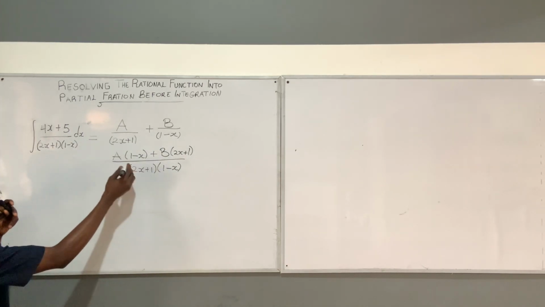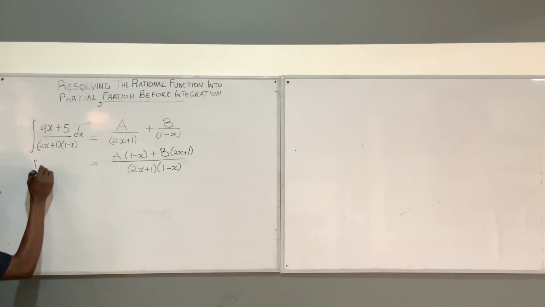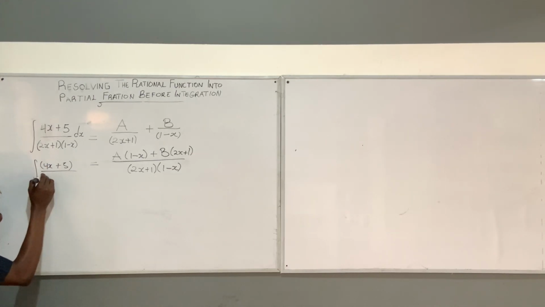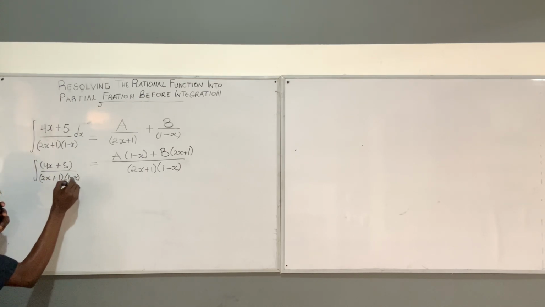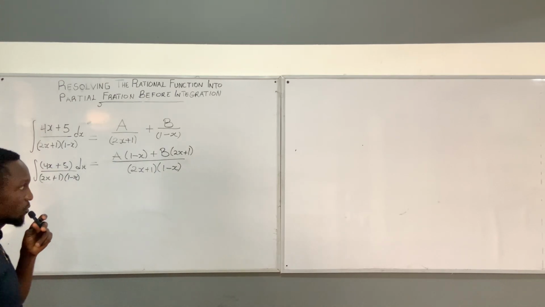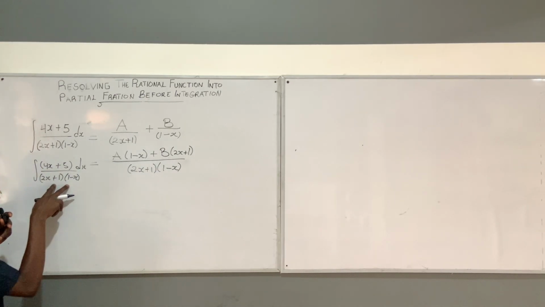Now everything here should be equal to the integral of (4x + 5) dividing (2x + 1)(1 − x) dx. Now watch very carefully. From here, we could see that the denominators are the same.